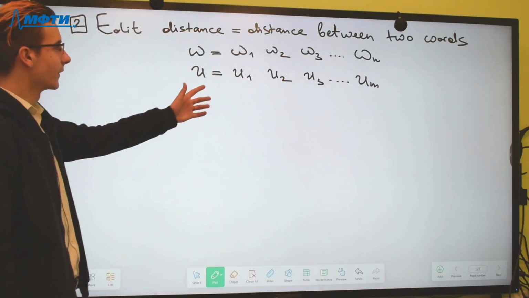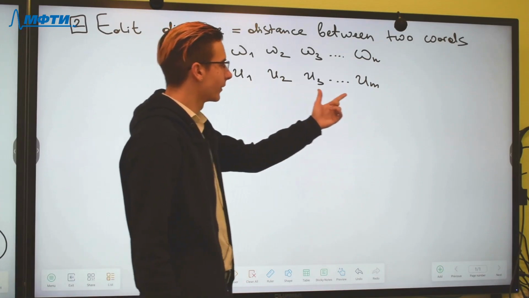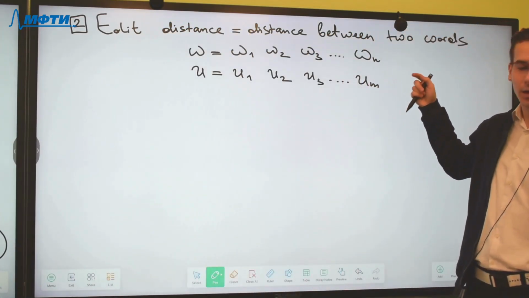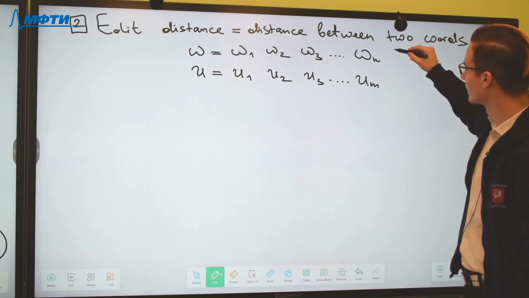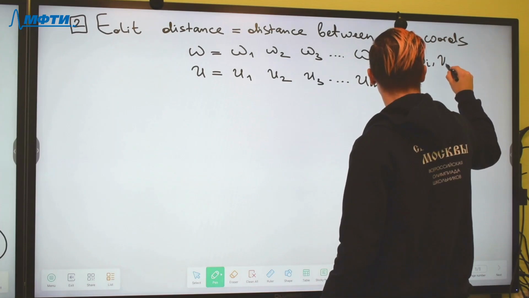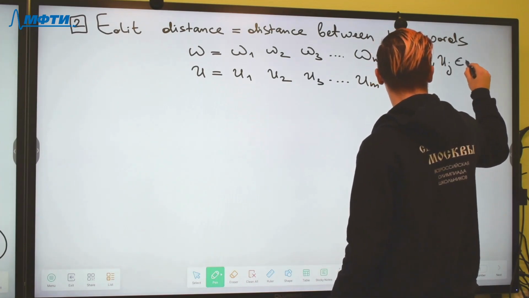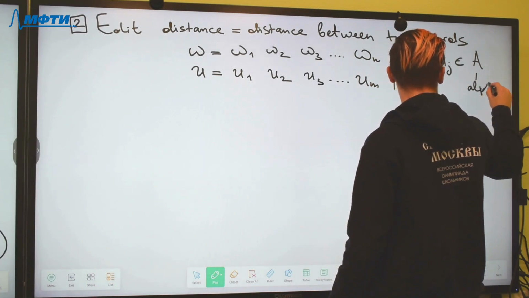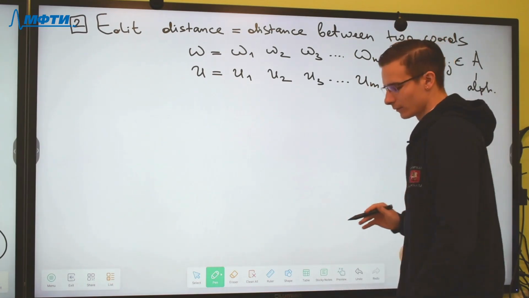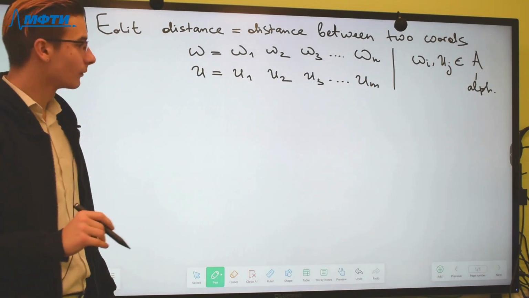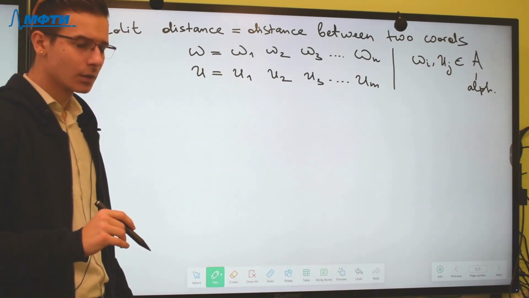Of course, they can have different lengths, N and M, and all of these characters are from A, the alphabet.